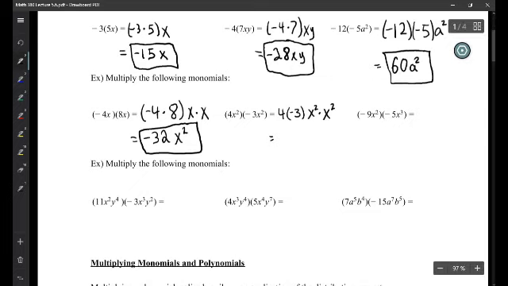So first, for the numerical factors, we have 4 times negative 3, which is negative 12. And then we have x, same base, add the exponents. And we get negative 12 x to the 4th.